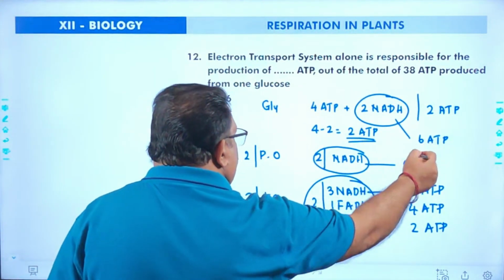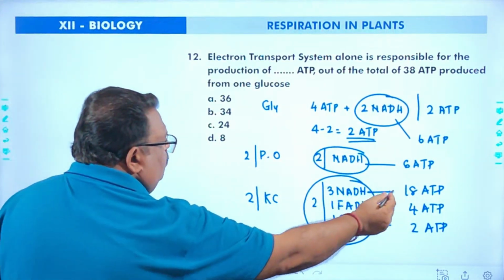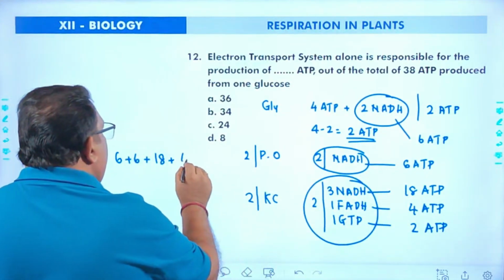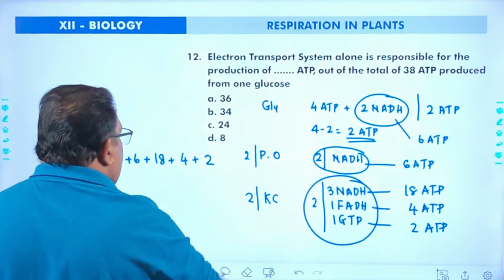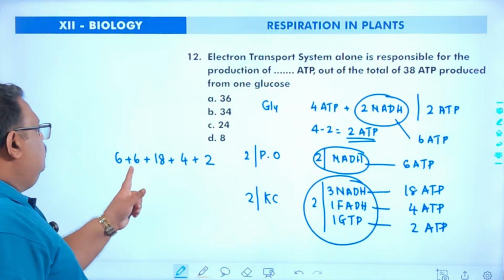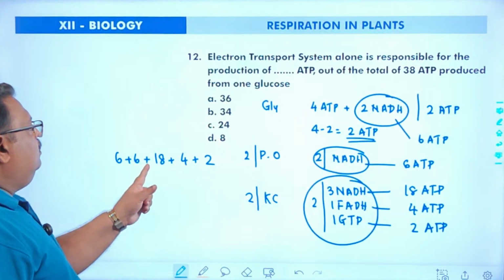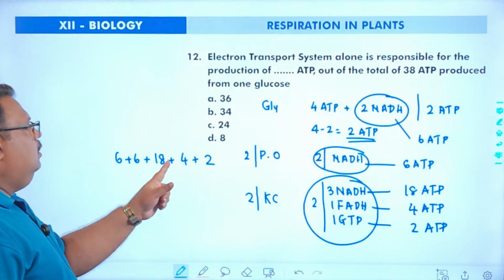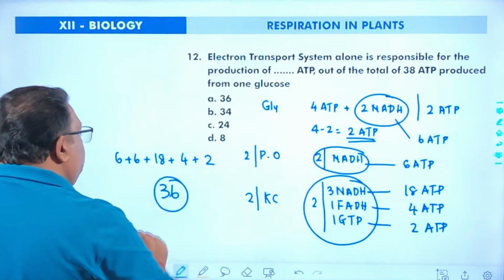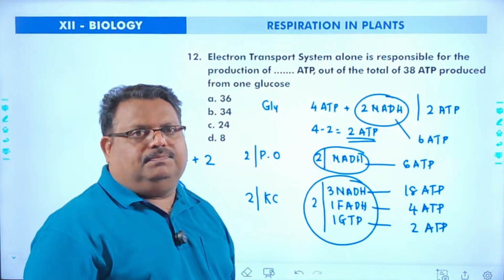So altogether 6 plus 6 plus 18 plus 4 plus 2. 6 plus 6, 12, 12 plus 18, 30, 30 plus 4, 34, 34 plus 2, 36. So 36 molecules of ATP are produced by electron transport system.